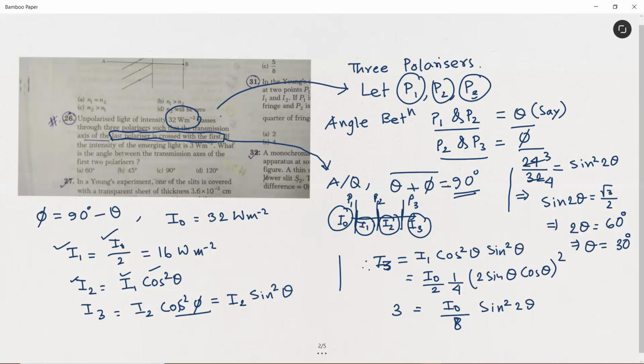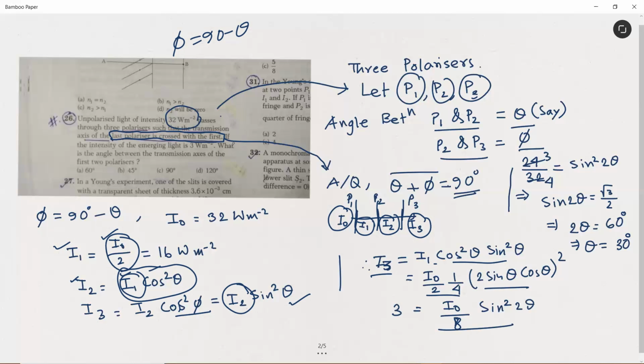And we know that theta plus phi is 90 degrees. So if we replace phi by 90 minus theta, cos phi will become sin theta. After putting those values, we replace I2 by I1 times this term, and I1 with I0 by 2.